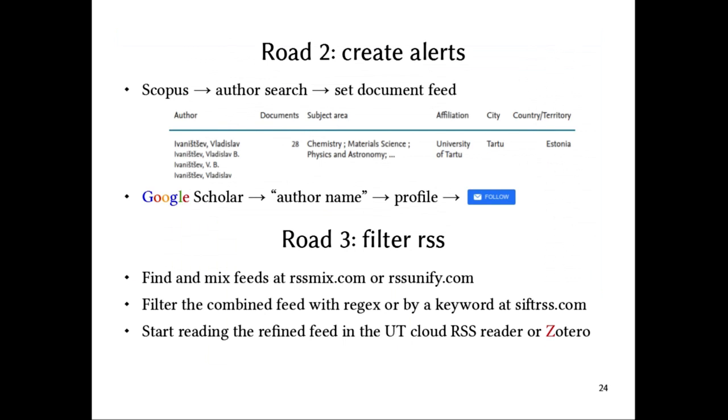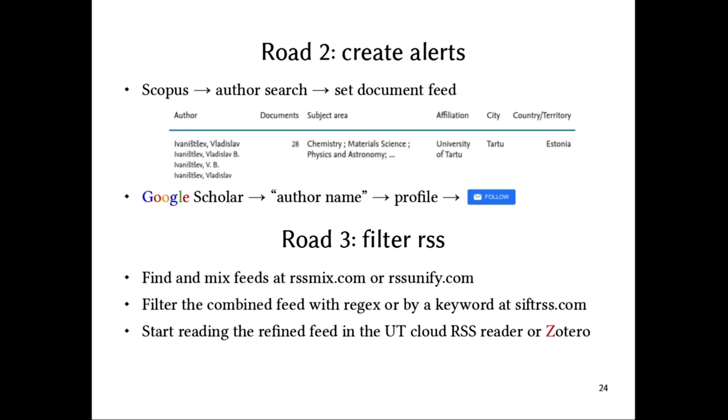The row 2, creating alerts. Yes, you can go to Scopus, search for an author, and then set a document feed, which is not shown here on the screen, but there would be a button to do so. And in Google Scholar or maybe some other search engines, you can search for an author name and check whether this author has a profile and just start following.